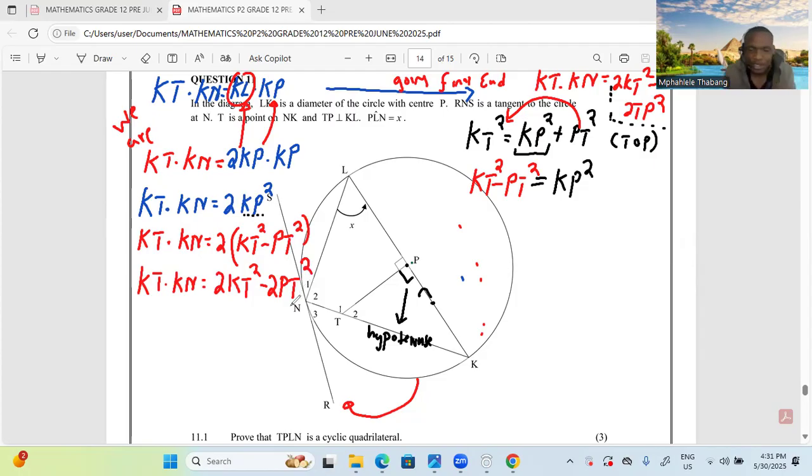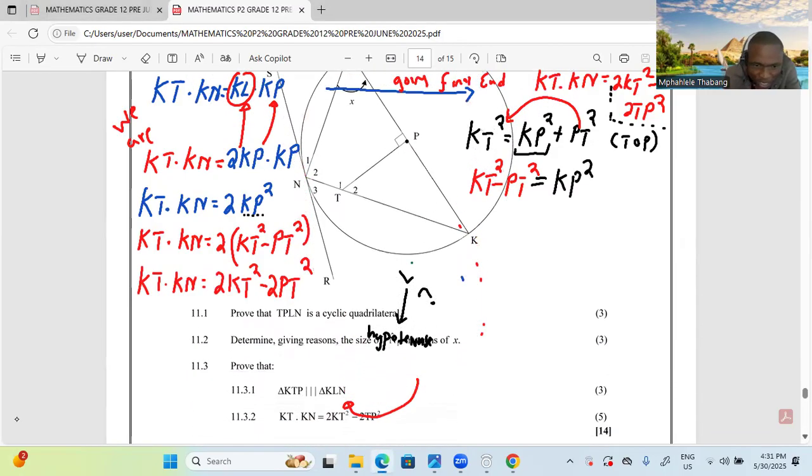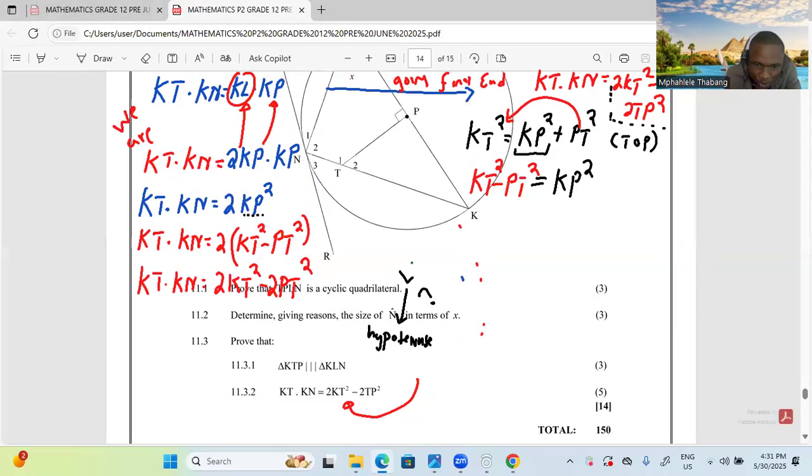You have proven. This is what they wanted. They wanted you to prove that KT times KN equals 2KT squared minus 2TP squared. TP is the same as PT.